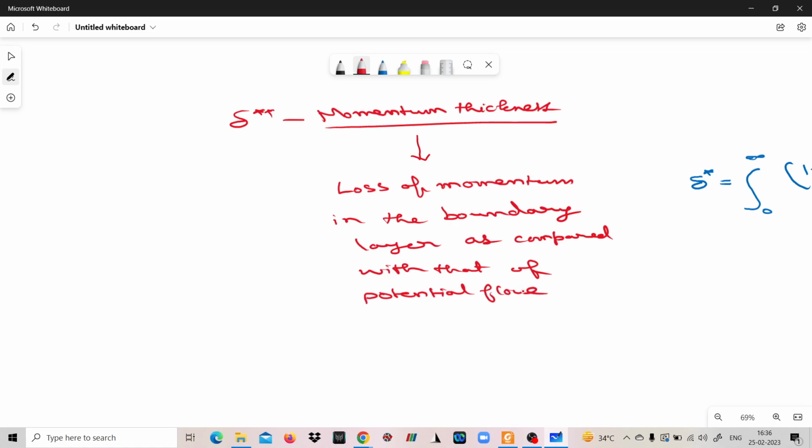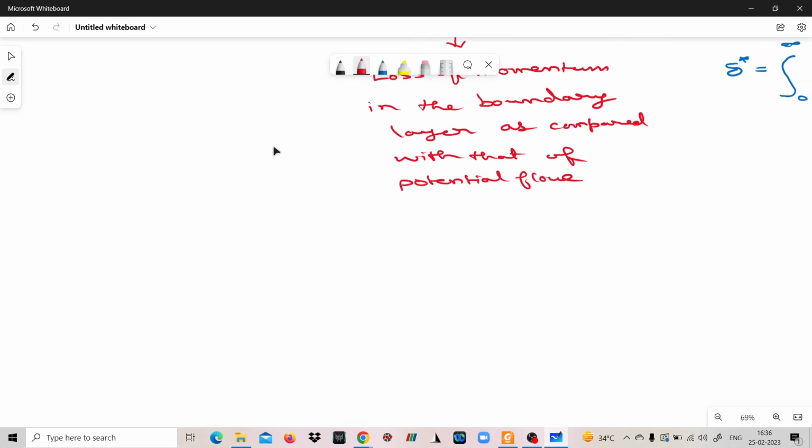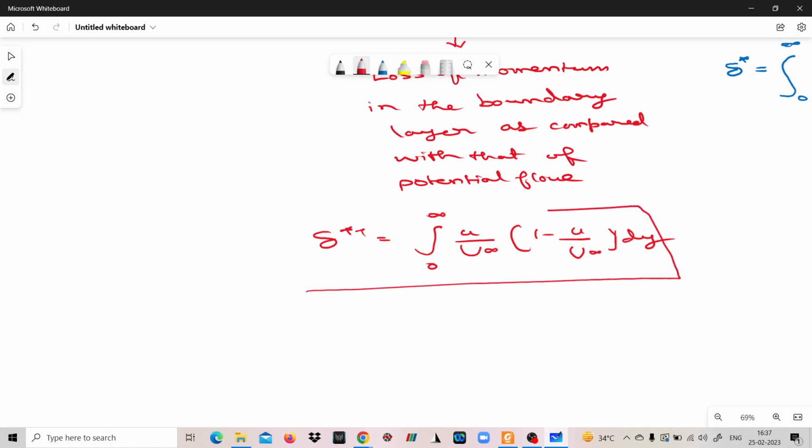And similar concept means if you apply the law of conservation of linear momentum, you will get that momentum thickness delta star star is equal to integration from 0 to infinity u by u infinity into 1 minus u by u infinity dy. Okay, so this is the expression for momentum thickness.